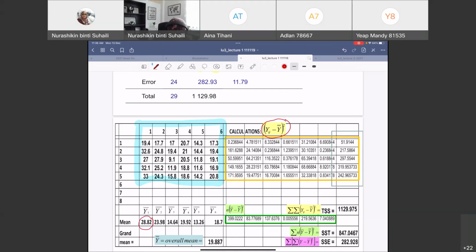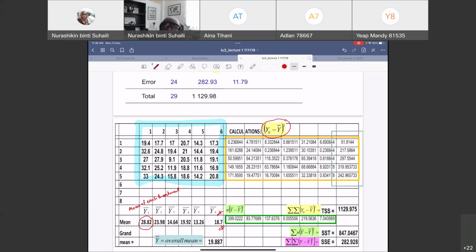So this is actually the mean of each treatment. Okay, and y is referring to every treatment, like treatment 1, treatment 2 until treatment 6. We have 6 treatments. So these are the means of every treatment. So you solve this one first.